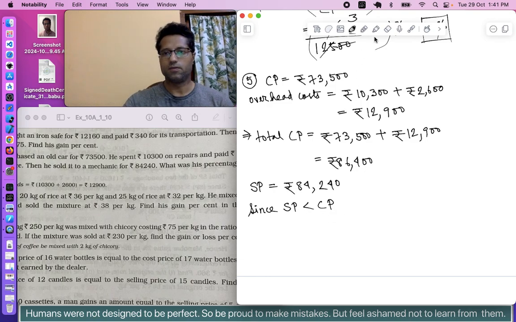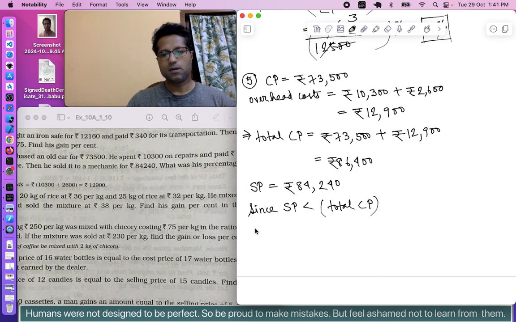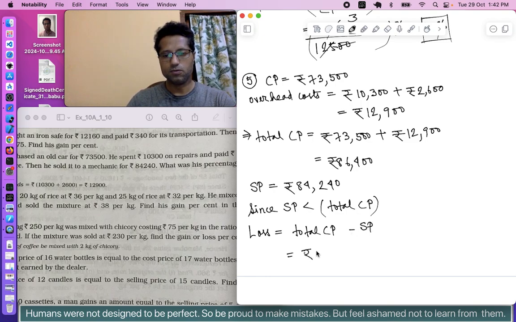So since SP is less than total CP, loss will be equal to total CP minus SP, which is 86,400 minus 84,240.